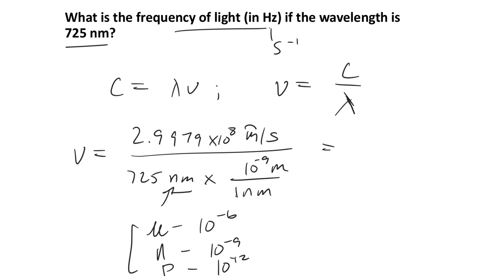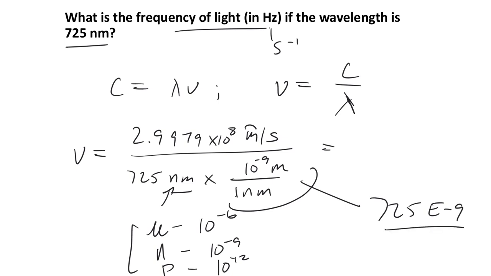So 2.9979 e to the 8 divided by 725. Now, if we put it this way, I can type 725 e minus 9. And on my calculator, that's 725 times 10 to the minus 9.